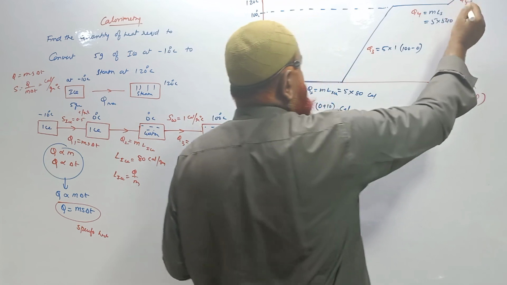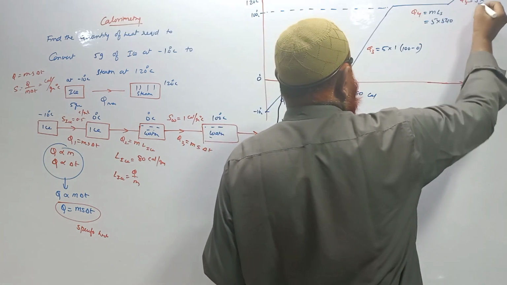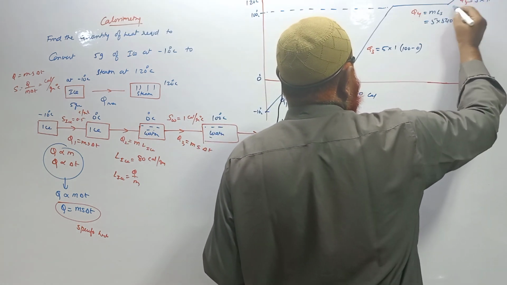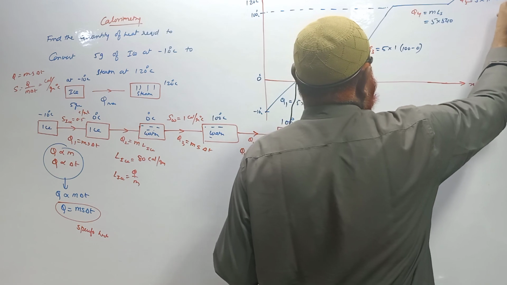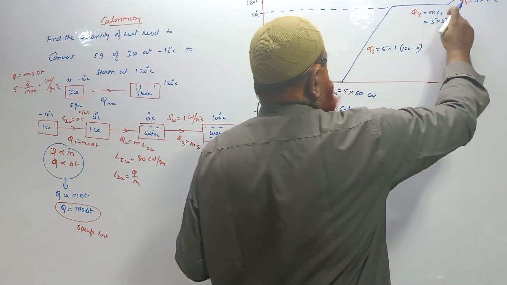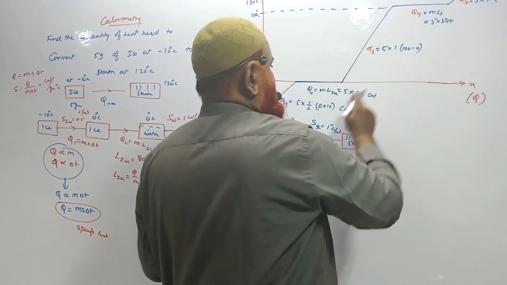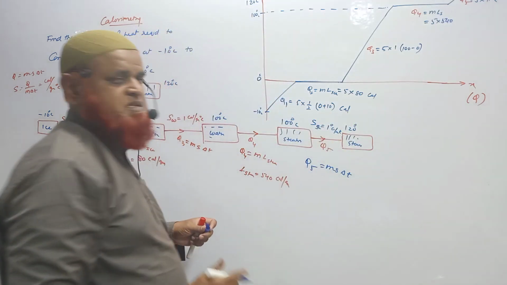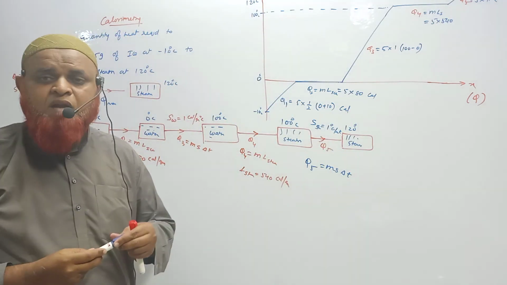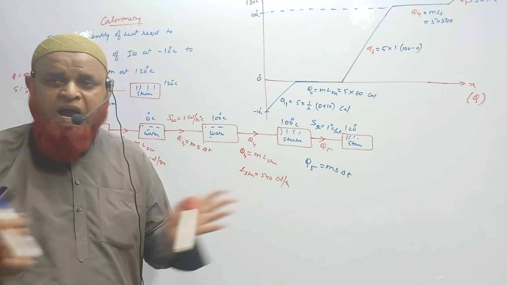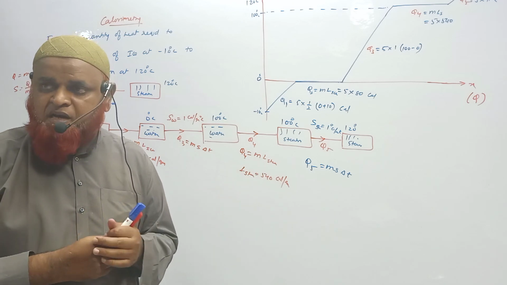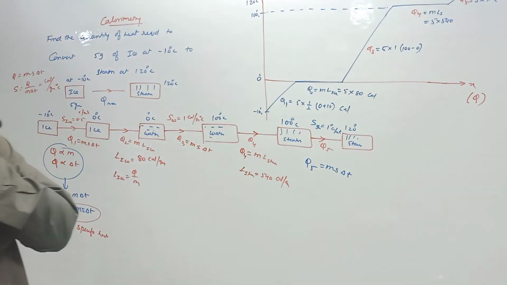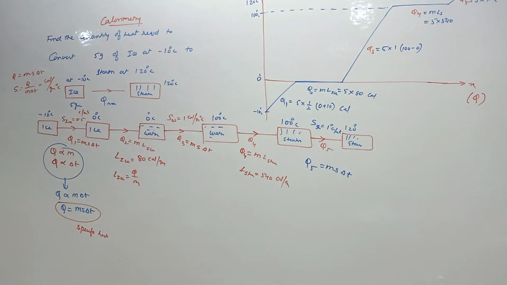Again here this is steam. The mass of the steam is 5 only, specific heat is 1 only, and the rise in temperature is 120 minus 100. So ms delta T, ml, ms delta T, ml, ms delta T, like this. You have to calculate and add all these. Is it clear? So this is the concept of calorimetry. Understood? This graph will explain everything about the concept.